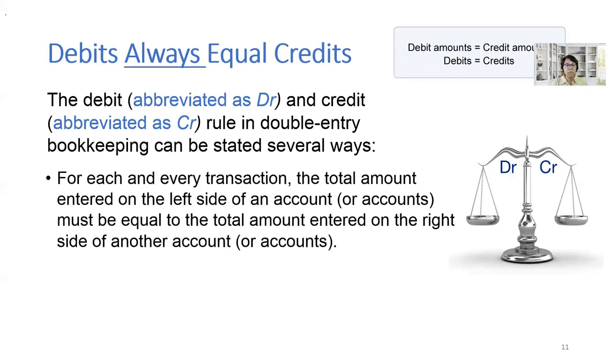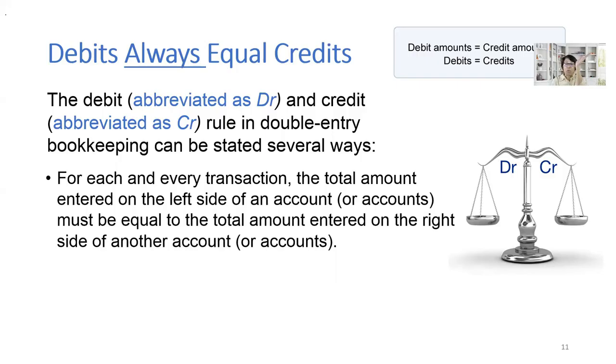So for each and every transaction, the total amount entered on the left side of an account has to equal the amount on the right side of another account, not the same account. Remember I said you can't debit and credit the same account. So let's say I bought the car.